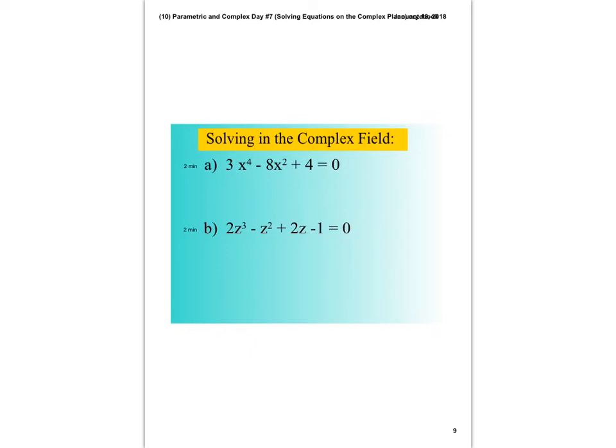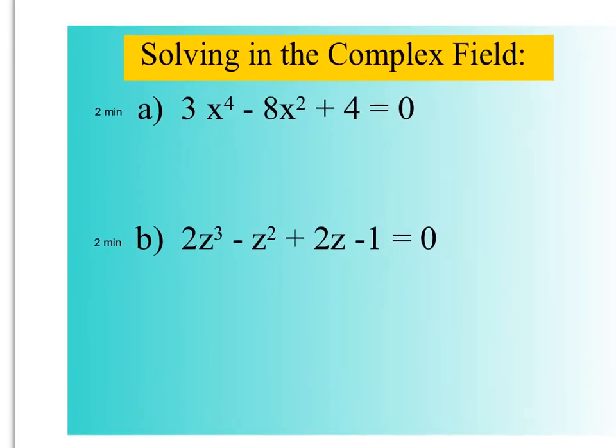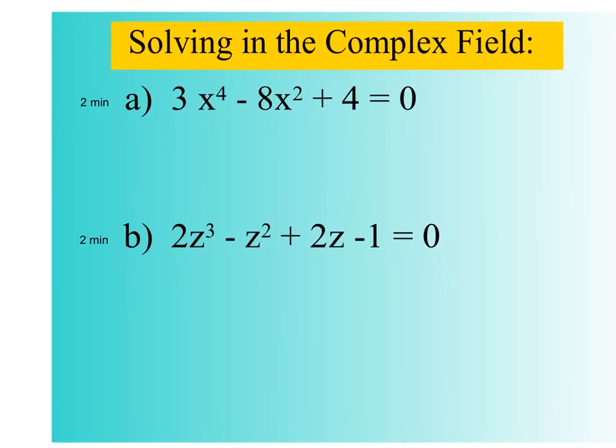Alright, so when you're solving in the complex field, just because it's in the complex field doesn't mean that there have to be imaginary solutions. So for example, this first one here, basically I'm going to factor this, and this is going to tell me that there's potentially 4 real solutions.